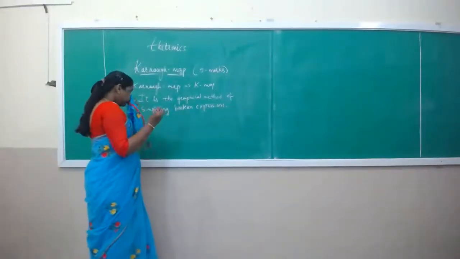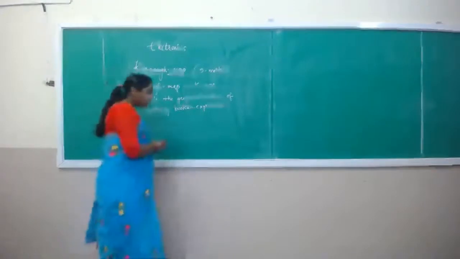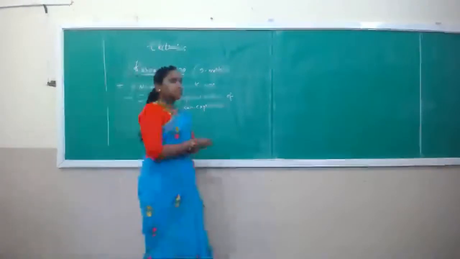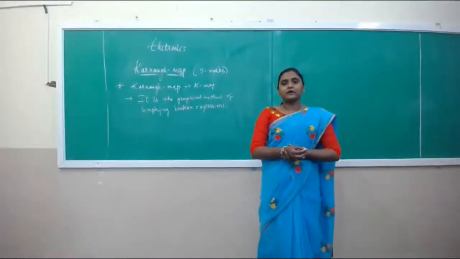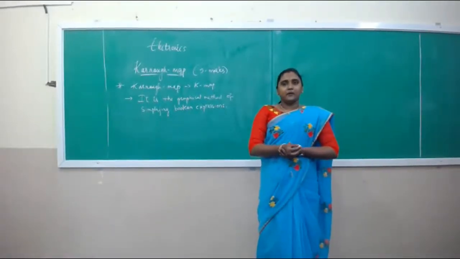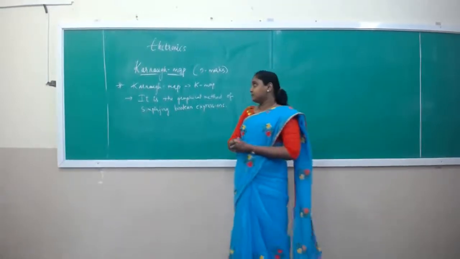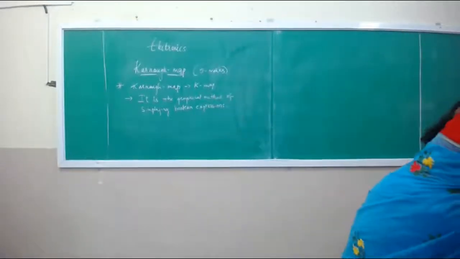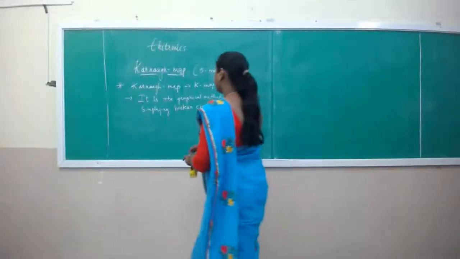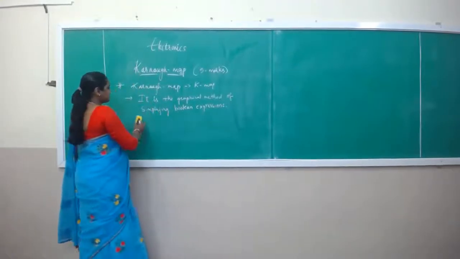Okay. So in this K-map, what we have to study is the different types of grouping, the definitions for pair, quad, octet, and overlapping of the cells. It is a graphical method of simplifying Boolean expressions.